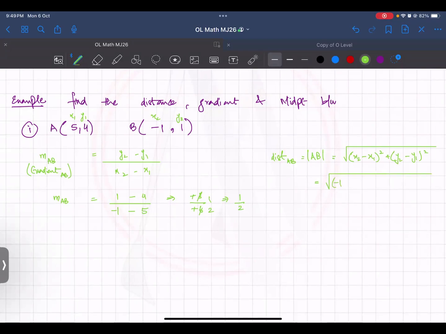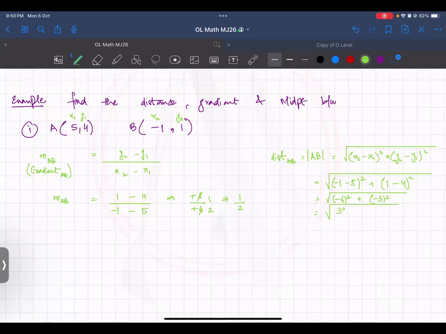X2 is -1 and then -5 whole square plus y2 is 1 minus 4 whole square. And if you want to simplify it right now, you can do -6 square plus -3 square, or you can do it directly using your calculator as well.